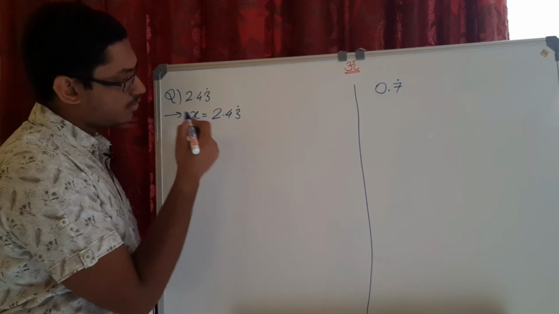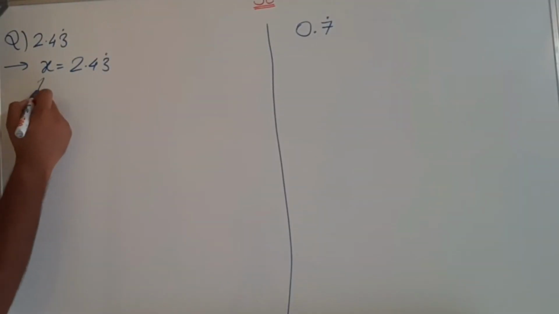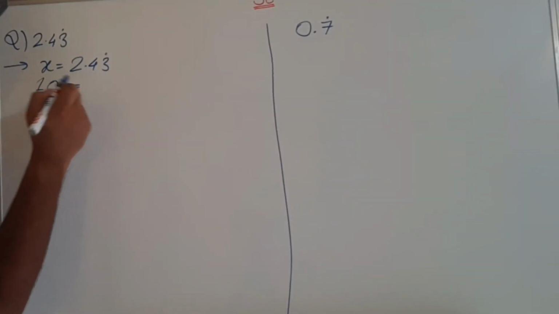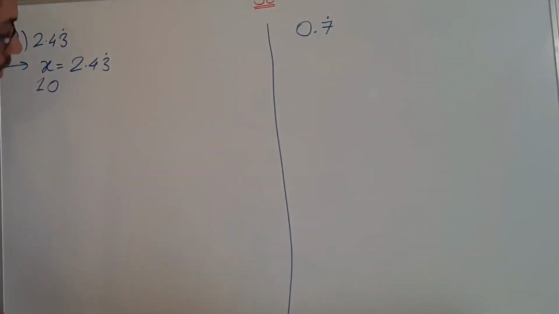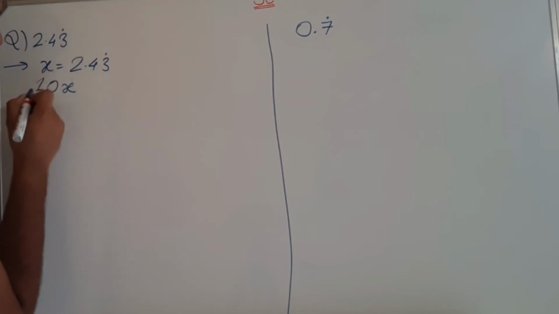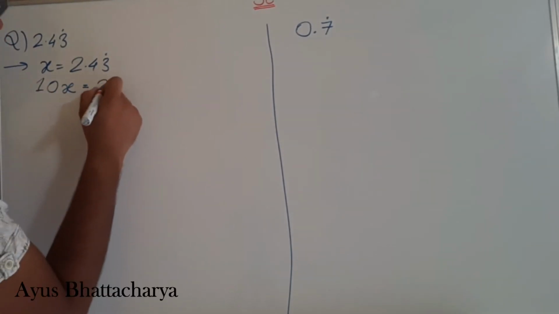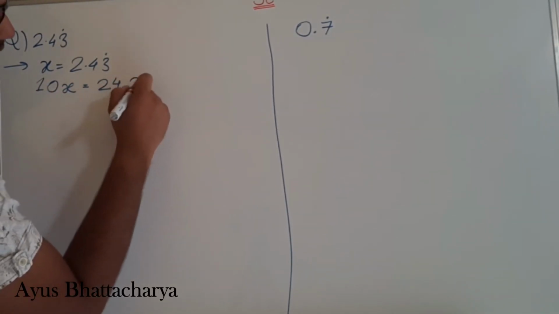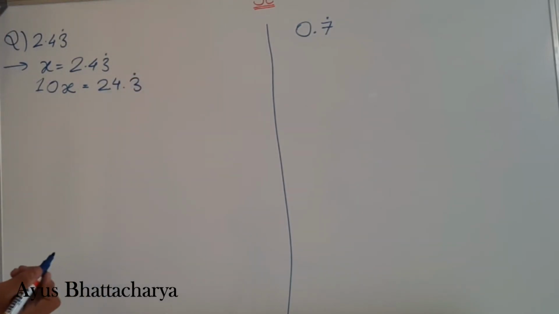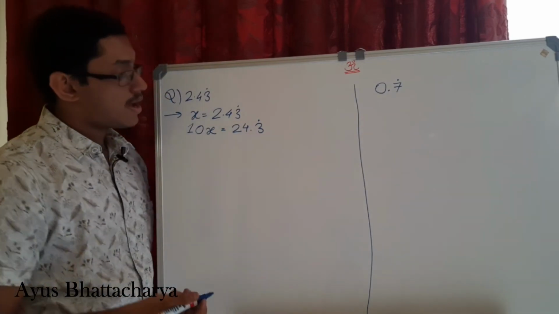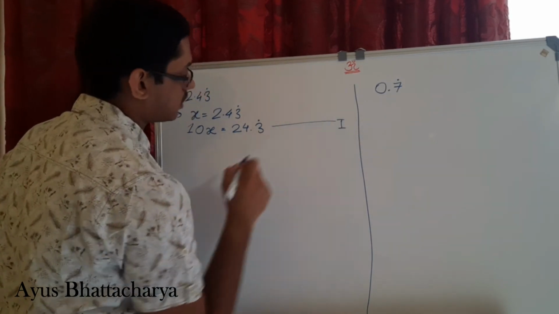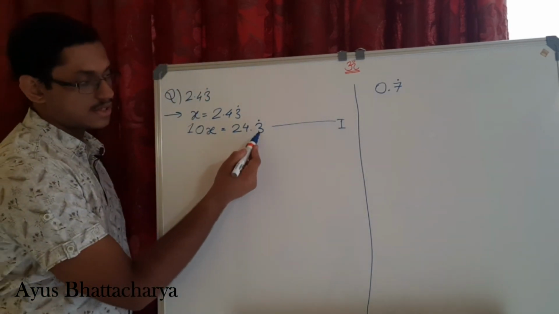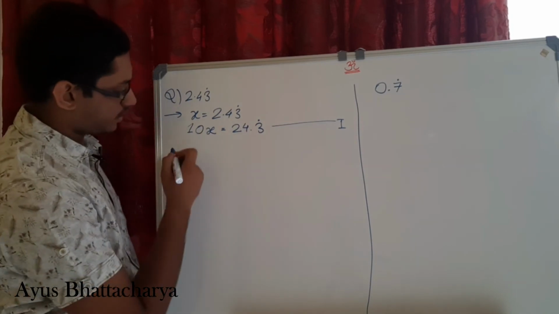Of course, shift the point from here to here. 10x is equal to 24.3 dot, of course. Now this is our first equation, because now you can see that it is just beside the decimal point.